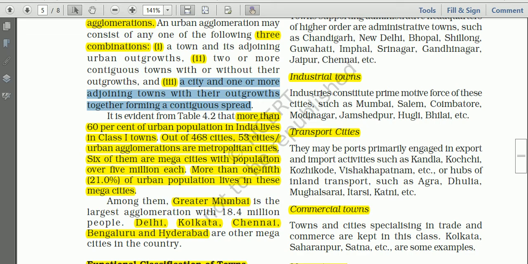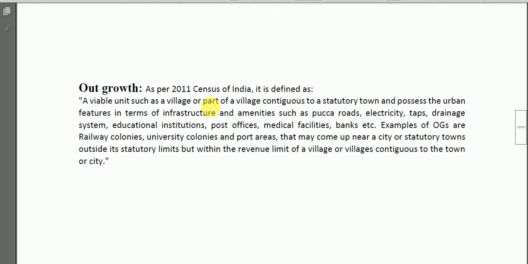We have been mentioning this word outgrowth frequently, and here we have a definition given by the Census of India, 2011.